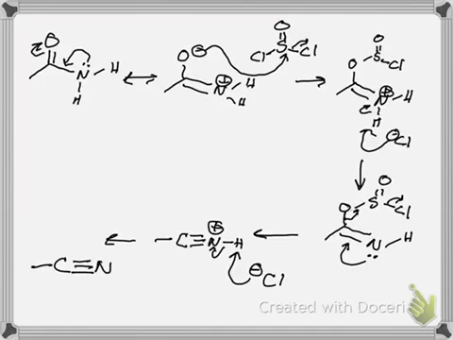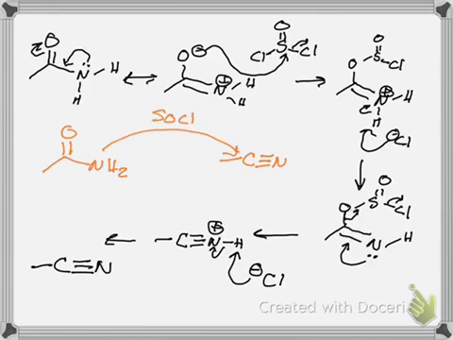Now, there are several ways you can do this reaction. Thionyl chloride is only one of the reagents. You can also use, so if we're looking at this reaction now, we could use thionyl chloride. We just went through that.